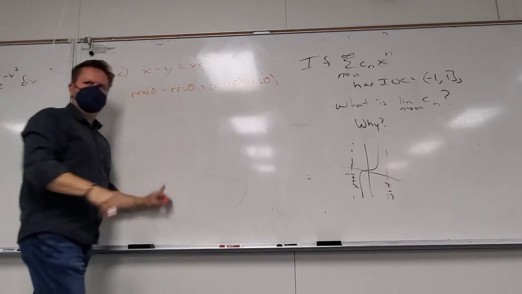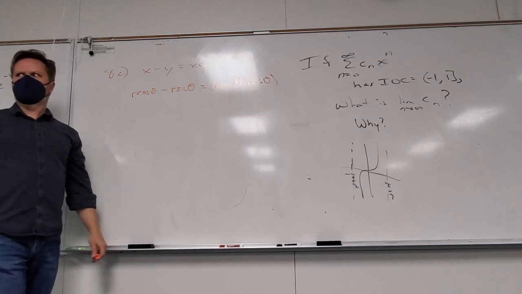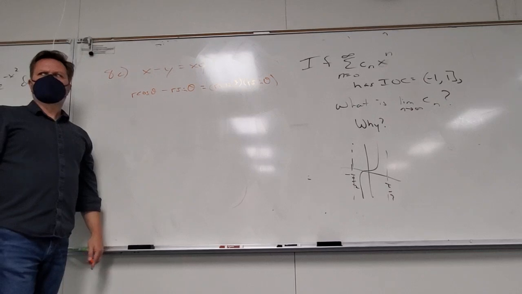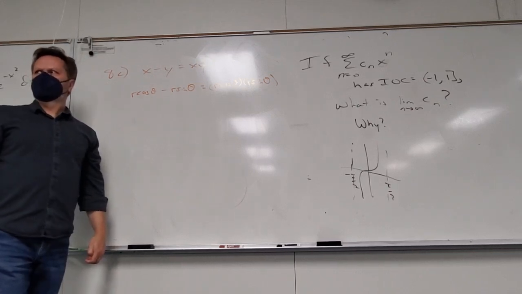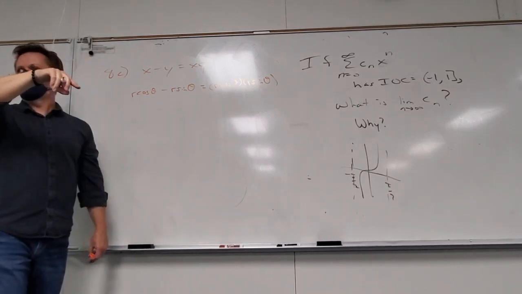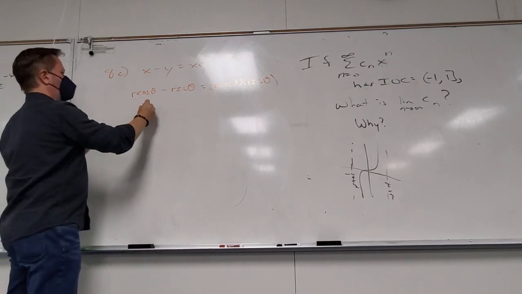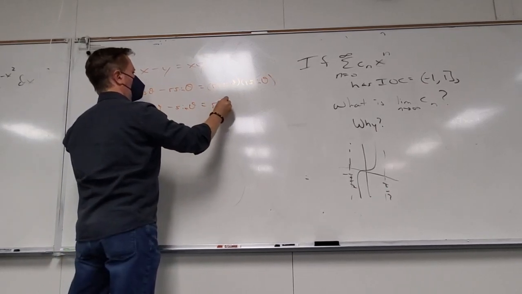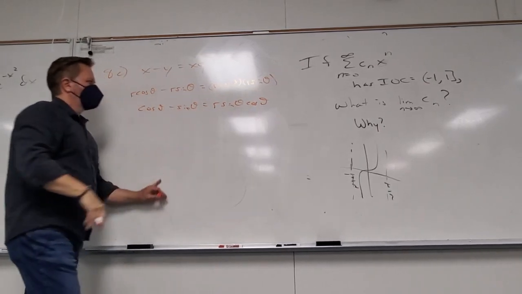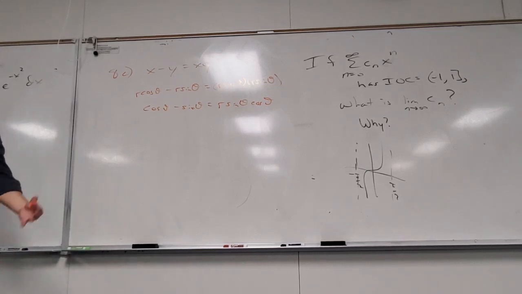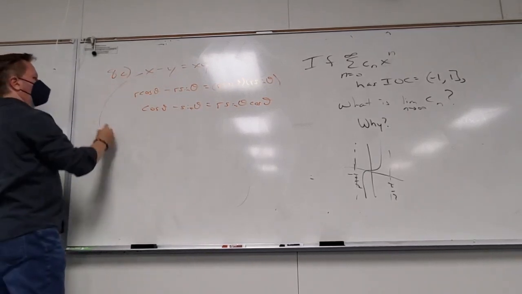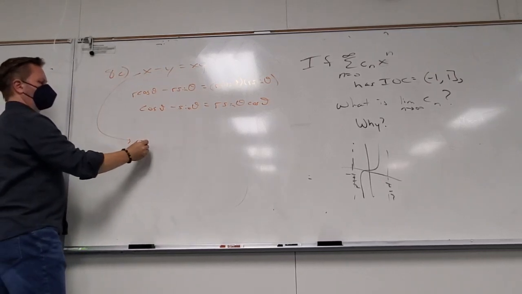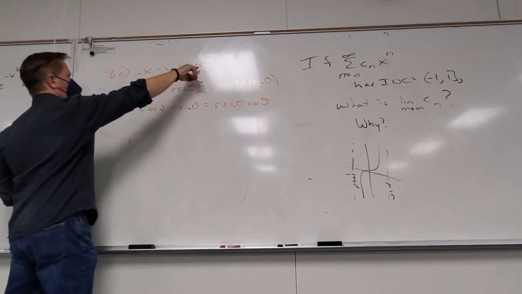And then isn't there some cleanup to do here? If you leave it like this, how many r's can you kill? Not all of them. You can kill one out of everybody, right? Divide everything by one r, yes? So it's cosine minus sine equals r sine theta cosine. Okay. I would be okay if you left it there, but just to point this out, divide everybody by x. What do you get? Divide everybody by x. Negative y over.